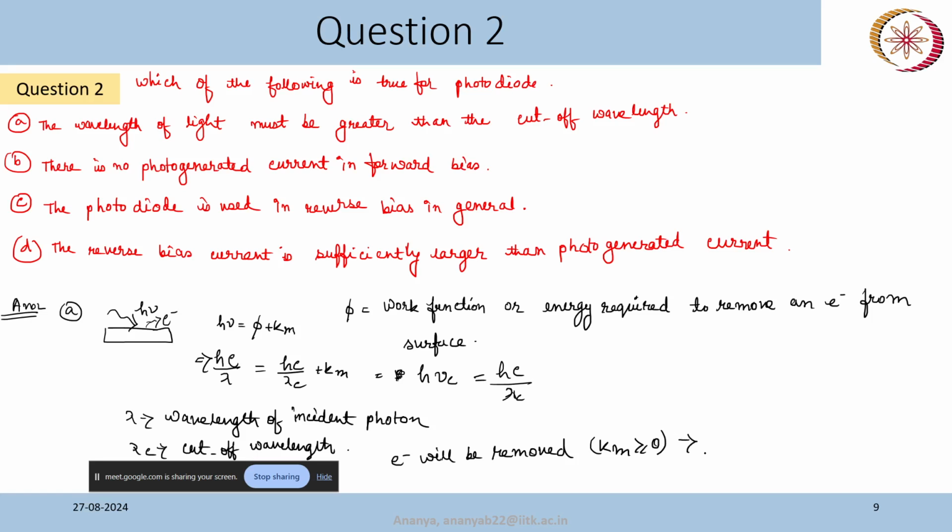This will be only when hc by lambda is greater than hc by lambda c. That means lambda should be less than or equal to lambda c. So the wavelength of light must be less than the cutoff wavelength, right? Or the frequency should be more than the cutoff frequency. So this first statement is false.